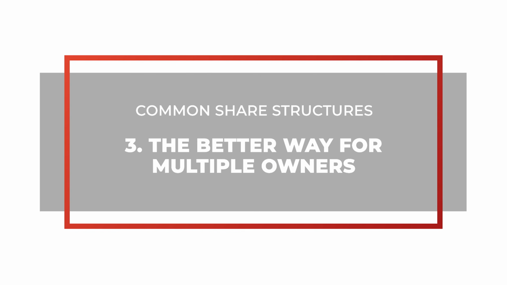All right, so scenario number 3 is our preferred method when you have multiple owners on share classes. We'll take the same scenario, those two 50-50 owners, and you can expand this example to as many owners as you like, and I'll show you how to do that. Essentially, we're going to set up a new structure where we have flexibility in paying the dividends, but we also have voting carved out, and whoever is controlling the company carved out into one share class.